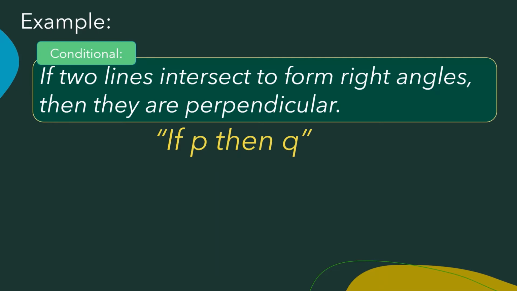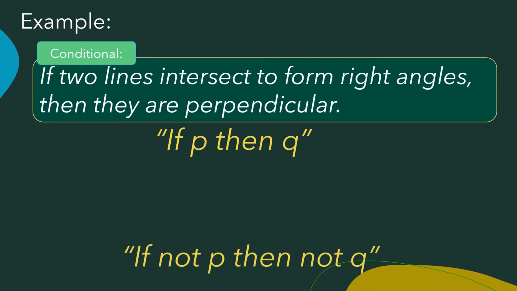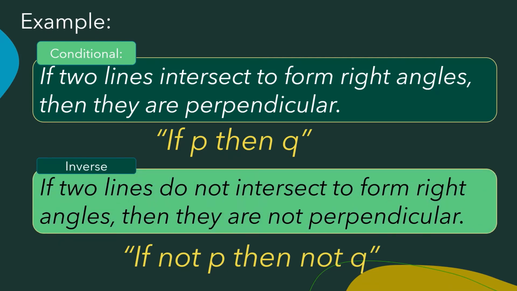So this statement is written as if P, then Q. Now its inverse, you have if not P, then not Q. So its inverse is if two lines do not intersect to form right angles, then they are not perpendicular. Always remember the use of the word not when we negate.